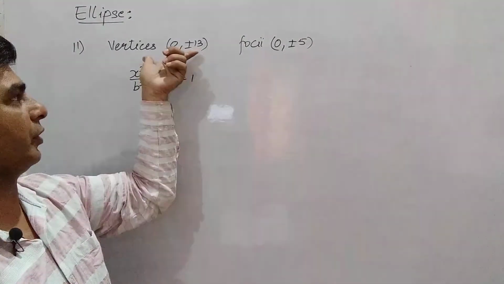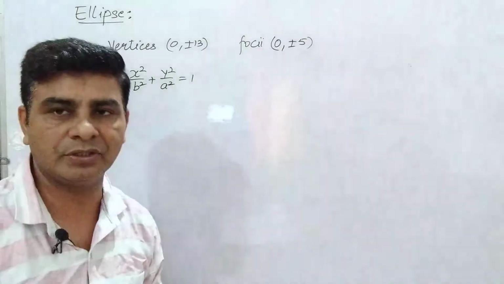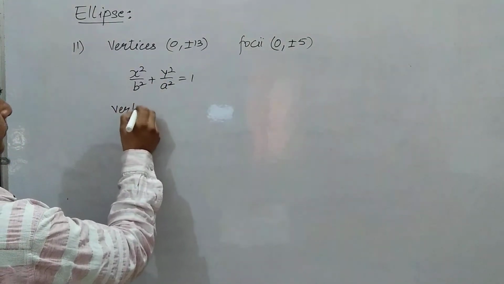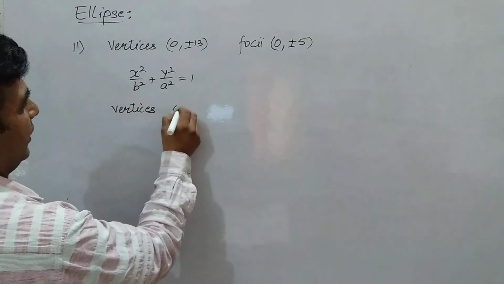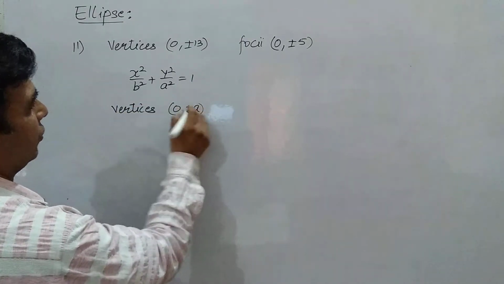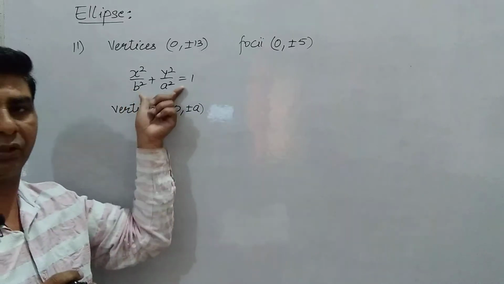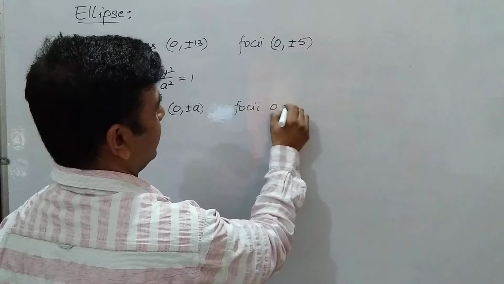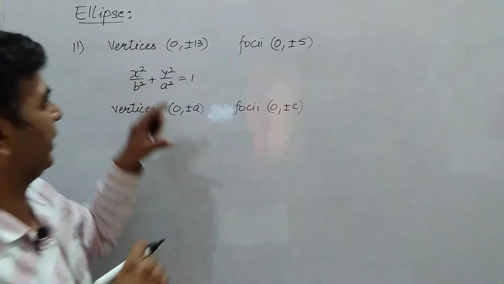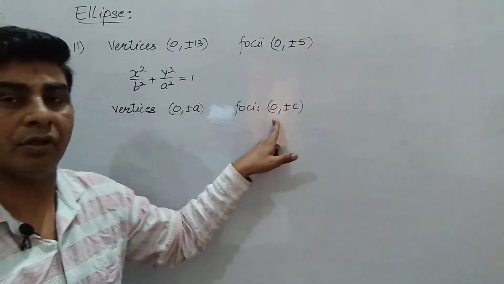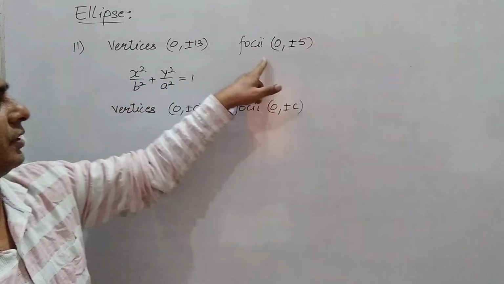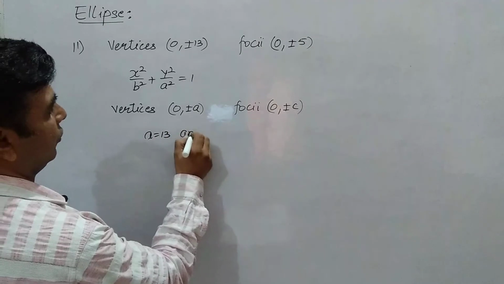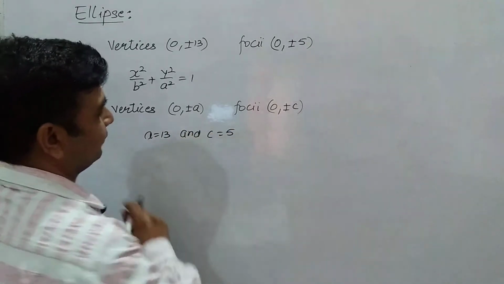So we require the value of b as well as a to form the equation of the ellipse. Let's see what we can get from the given conditions. In the case of a vertical ellipse, the vertices are always given by 0, plus minus a, and the foci are 0, plus minus c. By comparing the standard foci and vertices with the given ones, we obtain that the value of a is 13 and the value of c is 5.